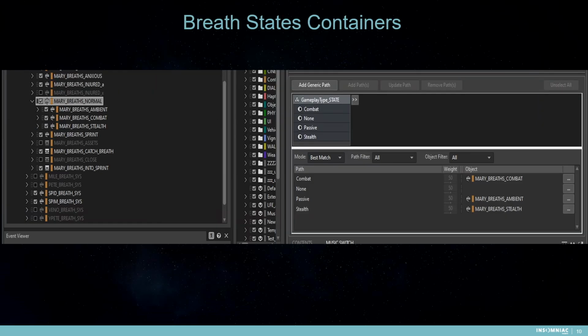Right here, we have the gameplay type state: combat, passive, and stealth. We are now attaching combat, ambient, and stealth music switch containers to those states. And our anxious specialty state would override this gameplay type state. What was really interesting about anxious is that it was actually event-based.